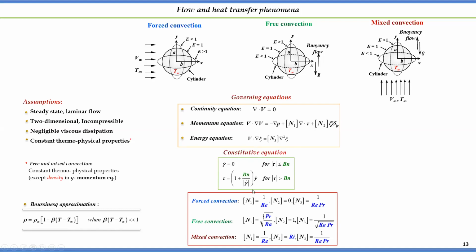And why are we using these non-dimensional parameters? Because when we solve these equations in non-dimensional form, we increase the applicability of the results irrespective of the properties of the fluids and the dimensions.